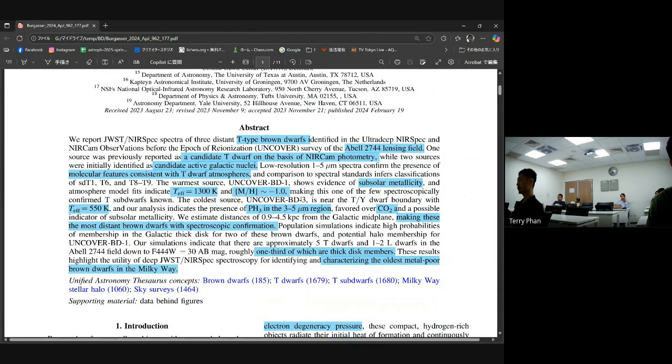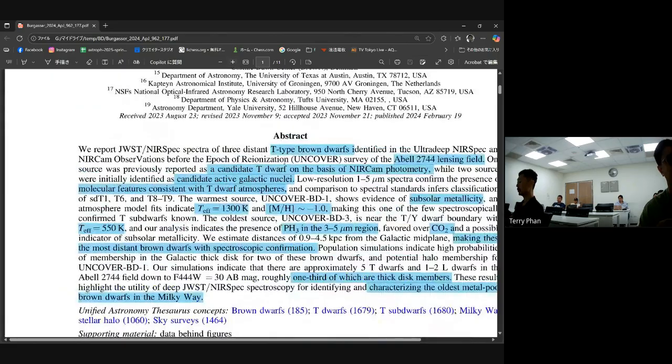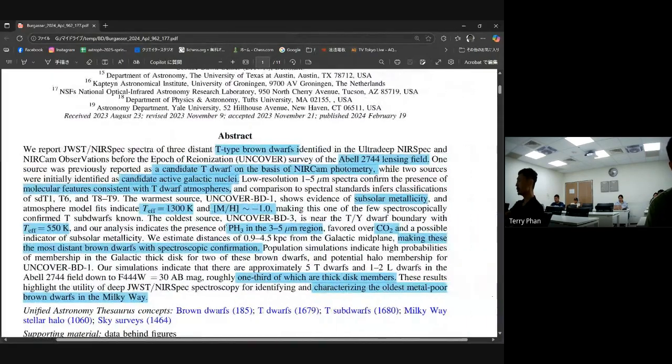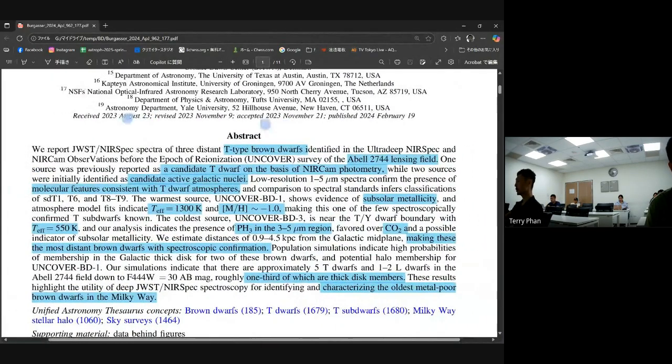It's interesting that one of them was selected as a brown dwarf by the Nonino et al. paper in a color selection like our previous paper. And the 2 others were selected as AGN, but when they put the slit on and took the spectra, they turned out to be brown dwarfs.